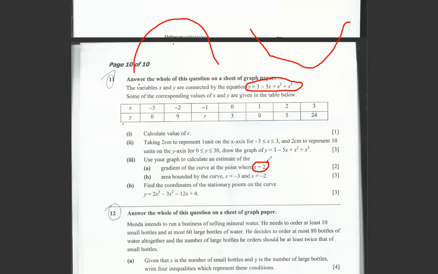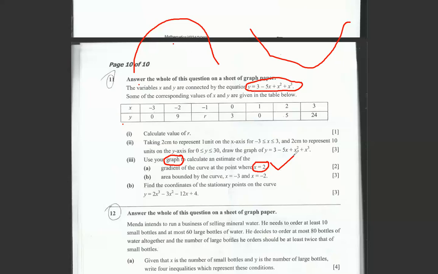Use your graph to find the estimate of the gradient. Now, for finding a gradient, there is another way, the one you learned in coordinate geometry, the y2 minus y1 over x2 minus x1, those things. But now I'm also trying to show you how we can use calculus in finding the gradient.